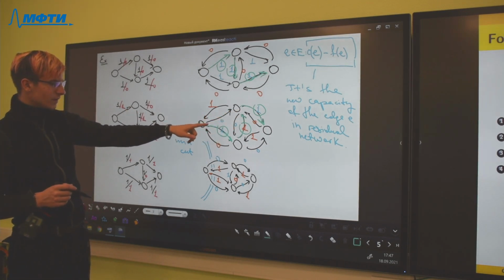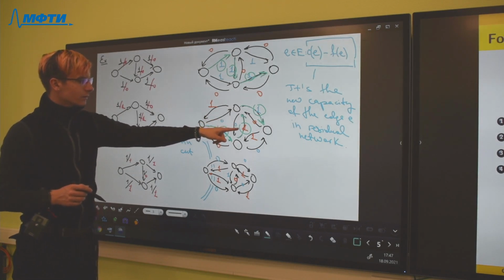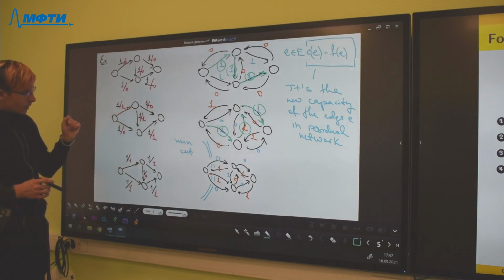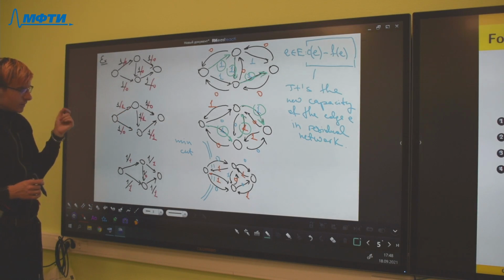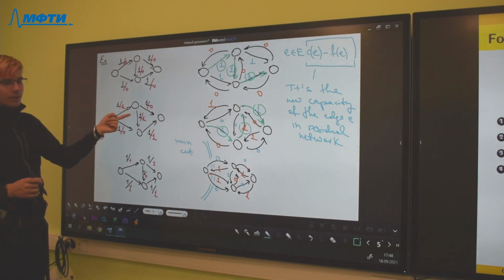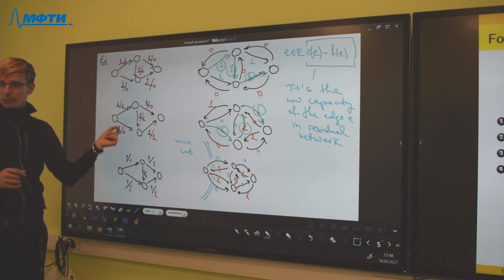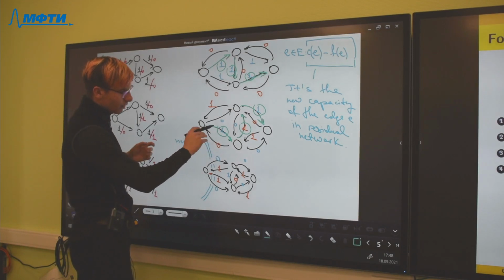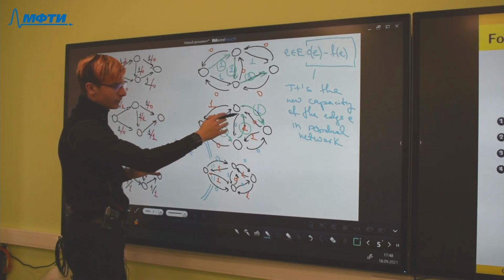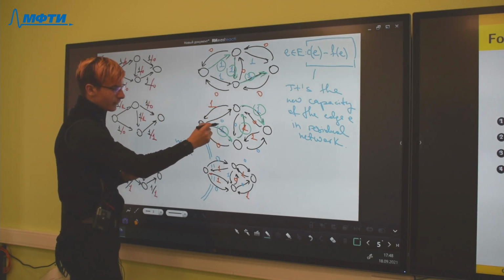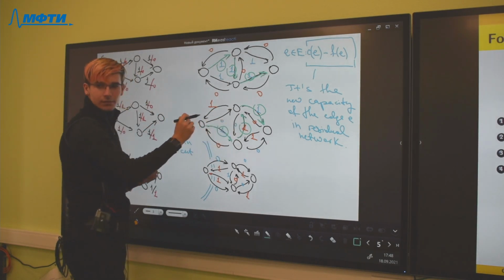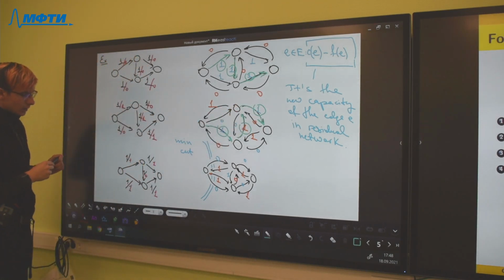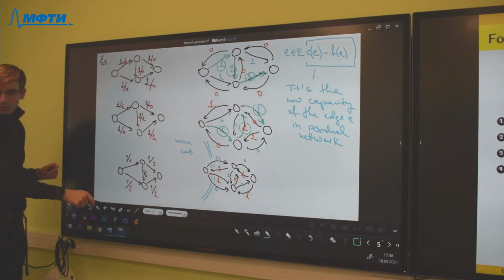I mean that this color is equal to a backward edge, and it means that we need to decrease flow through this edge, not increase. And we see that we can increase the whole flow by 1, but we need to increase flow through this edge by 1, decrease flow through this edge by 1, and increase flow through this edge by 1 too. So we get this picture.